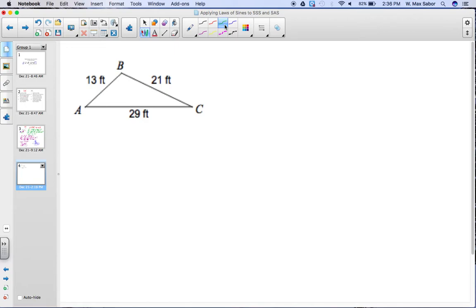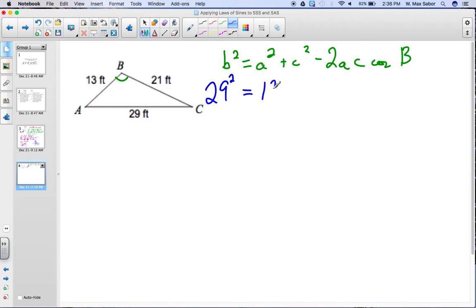Now, the law of cosines with side-side-side. We should first find the largest angle. So b squared equals a squared plus c squared minus 2ac cosine b. 29 squared equals 13 squared plus 21 squared minus 2 times 13 times 21 cosine b.